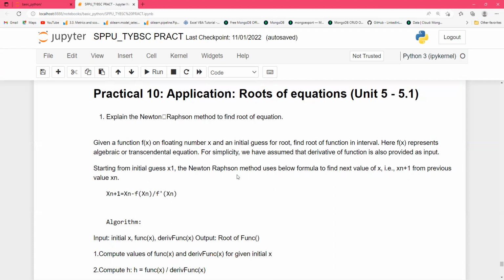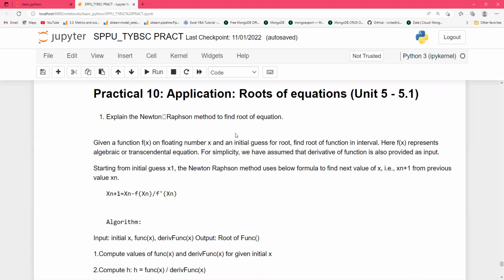So firstly, let us take the question. First question: explain the Newton-Raphson method to find the root of the equation. Now guys, this is the Newton-Raphson method that you have learned.